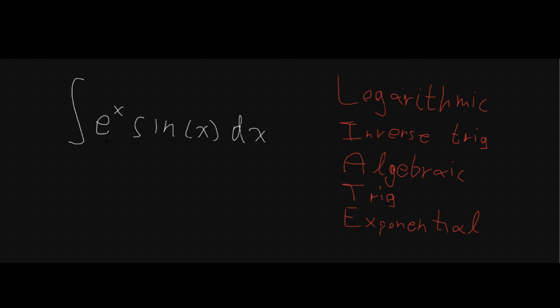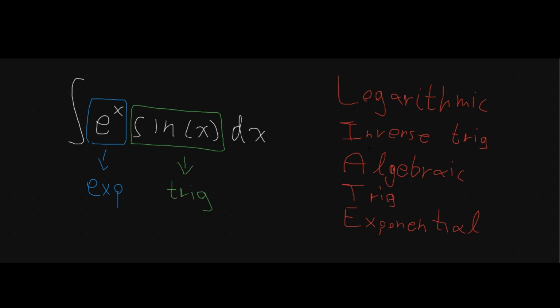So in this case we have e to the x times sine of x. We have the function e to the x and sine of x. If we look at the list, which one is which? This is an exponential, and this is a trigonometric function.